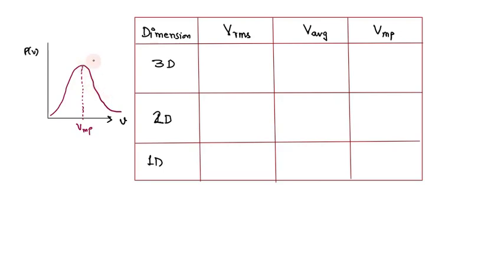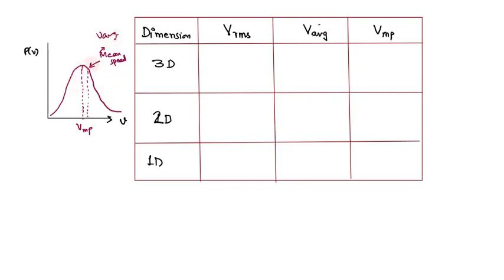Then you have an average speed, which resides at a larger velocity than the most probable speed. This second quantity is your mean speed, or you can write it as average speed, same as V average.